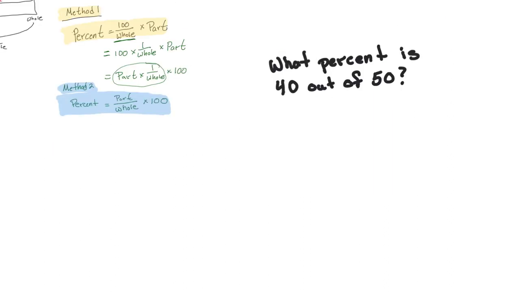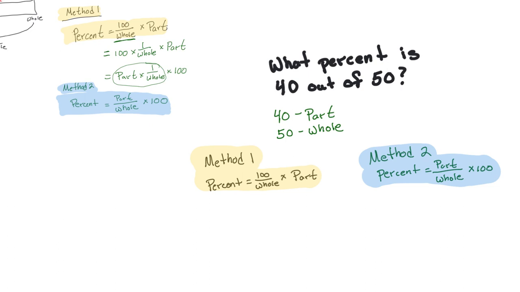Let's look at a real quick example to see how to use both formulas, but also to see how it can be useful to decide which one you're going to use. So it says, what percent is 40 out of 50? So 40 will be my part and 50 will be my whole. I'm going to start with the first method, which says that the percent is equal to 100 over the whole times the part.